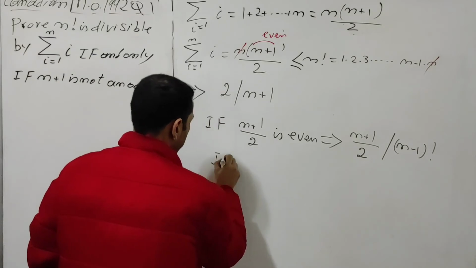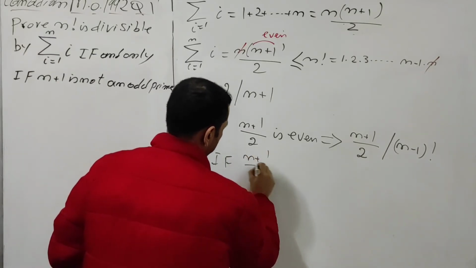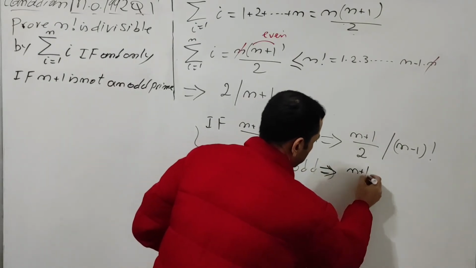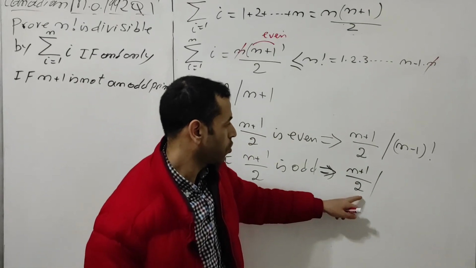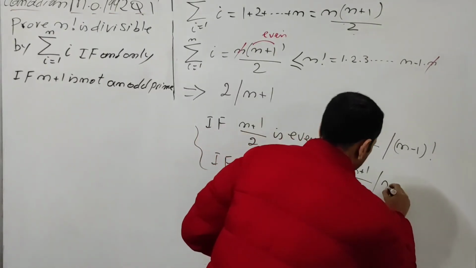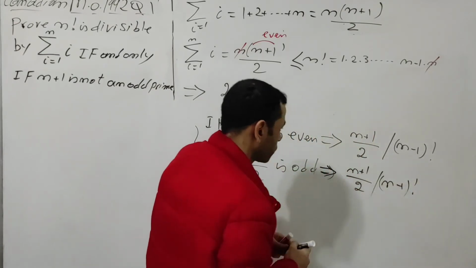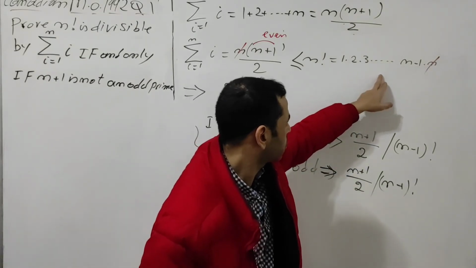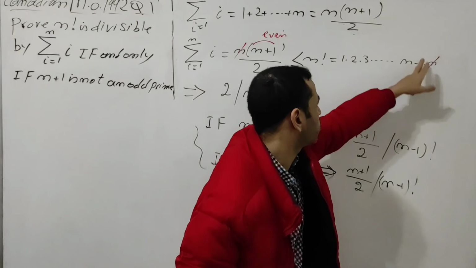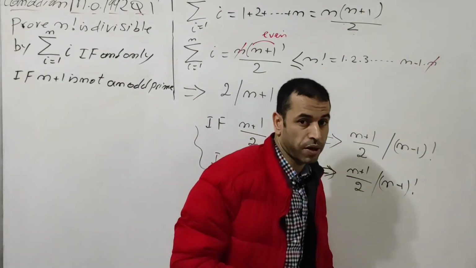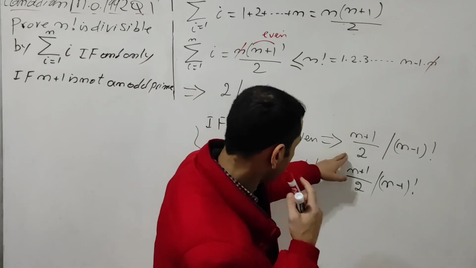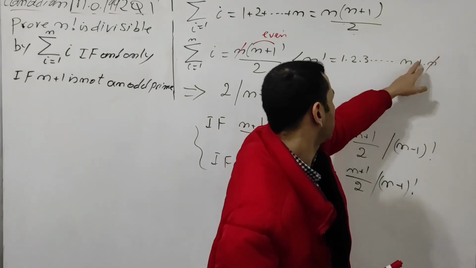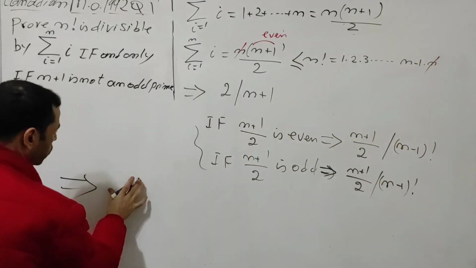And if n plus 1 divided by 2 is odd, that means n plus 1 over 2 divides n minus 1 factorial, because as we said this result is even, so it will divide this one, because n factorial is composed of odd, even and prime numbers. So whatever the result is, it will be divided by those numbers which are in this n factorial.